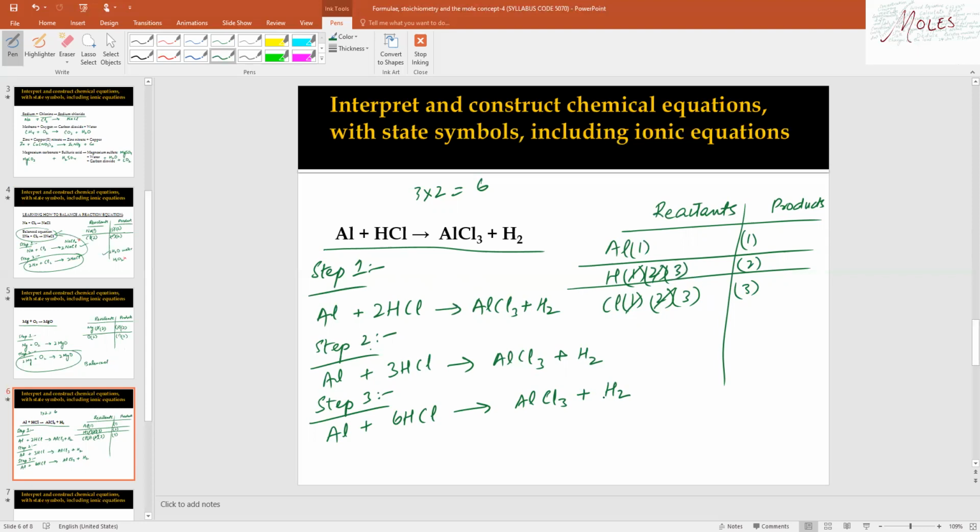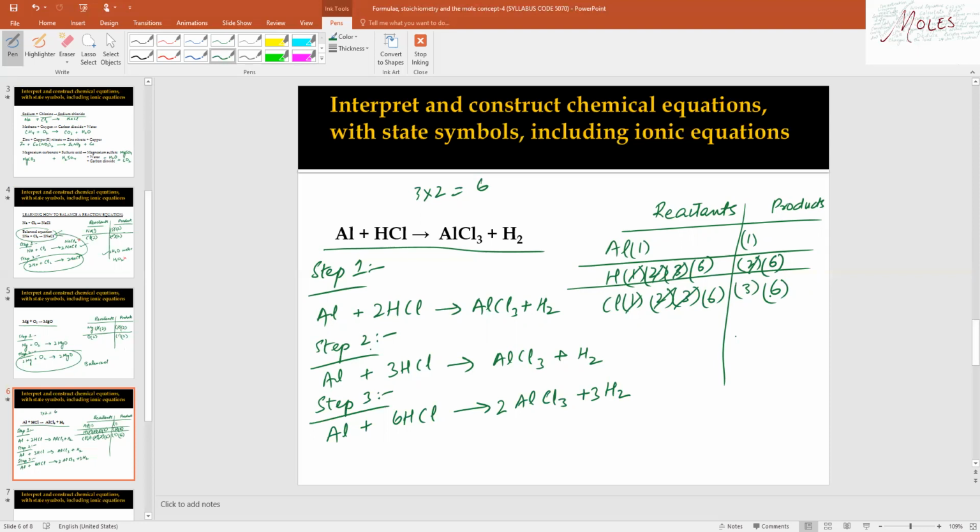Now we can easily balance both chlorine and hydrogen by placing 2 before AlCl3 and 3 before H2. 2, 3. Only Al will be left unbalanced on reactant side.